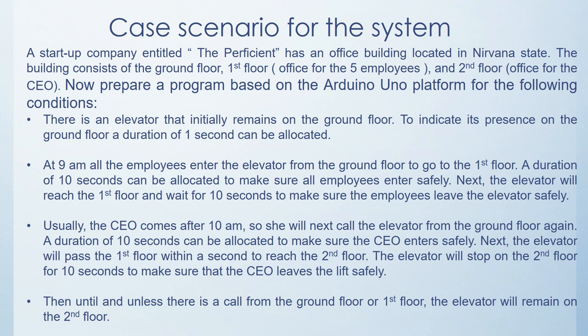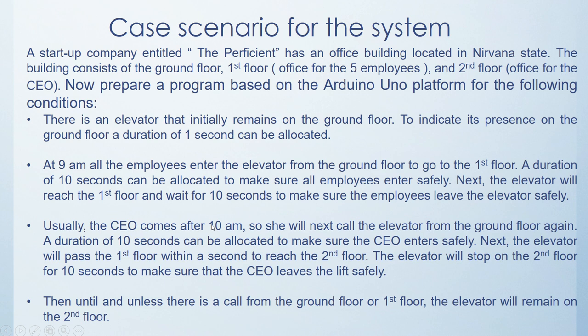So until they go outside of their office, or there is a call from the ground floor for a visitor, or maybe one officer, one extra person, there will be no call for the lift from the ground floor, or maybe from the first floor. So if there is no call, then the elevator will remain on the second floor, because the last person to use the lift was the CEO.